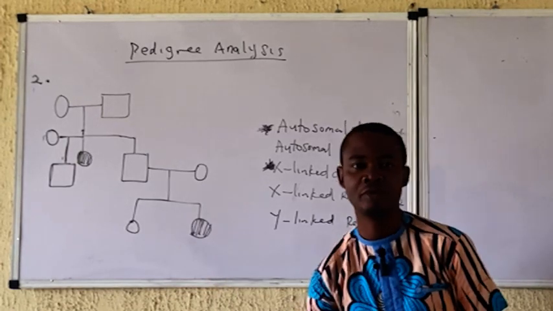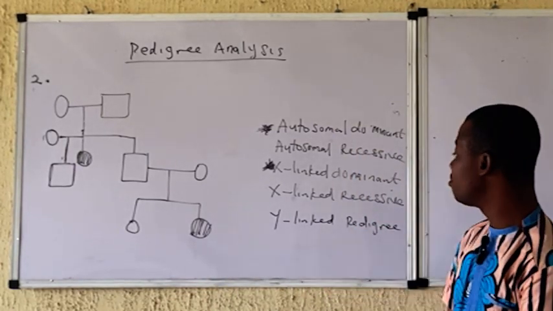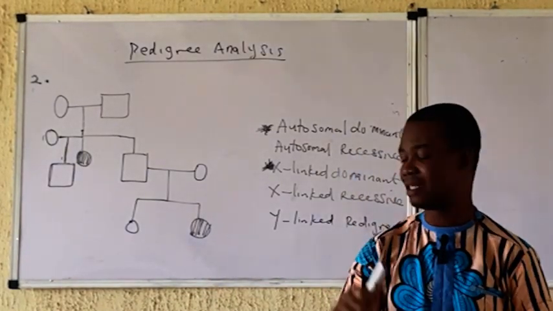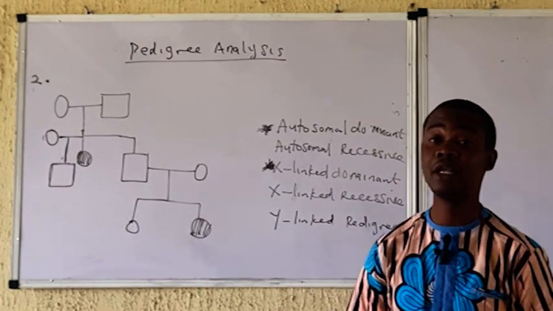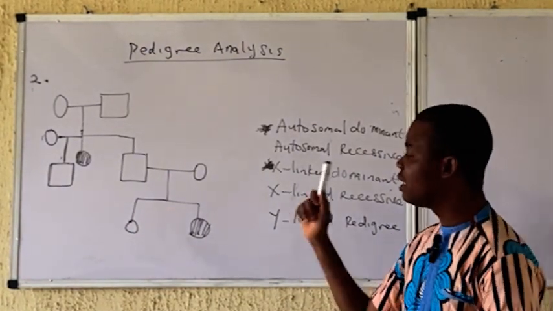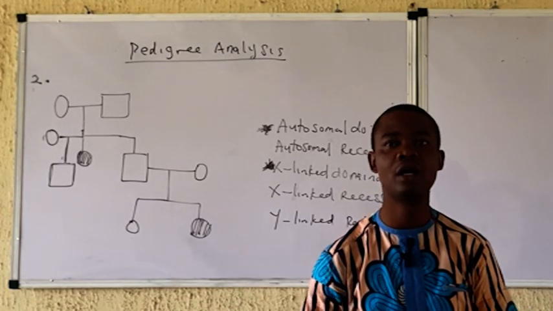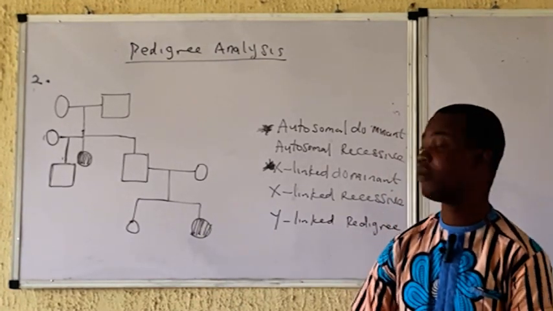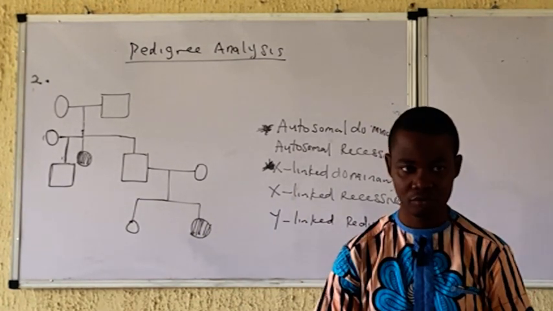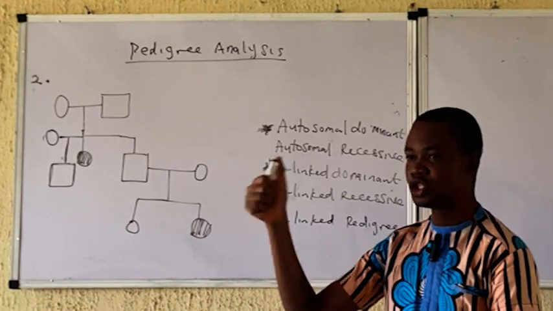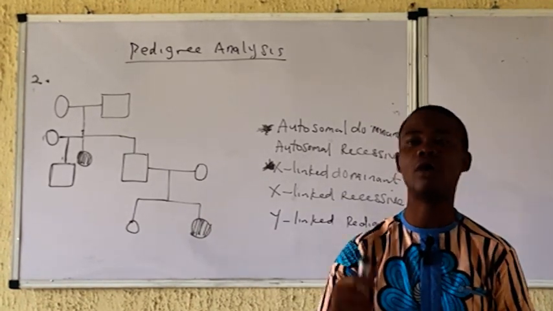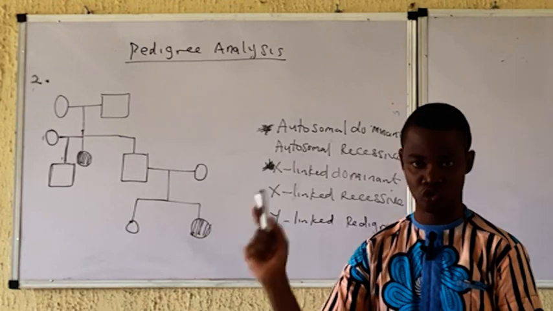We know that the basic rule of Y-linked pedigrees is that the trait is only transmitted from father to son. Why? Because the gene is always located on the Y chromosome.